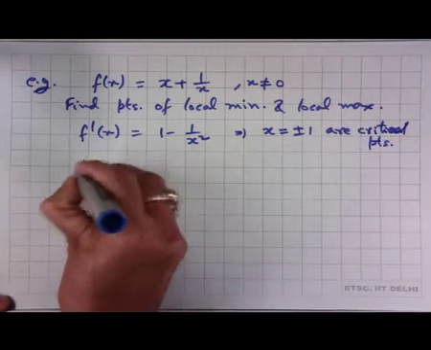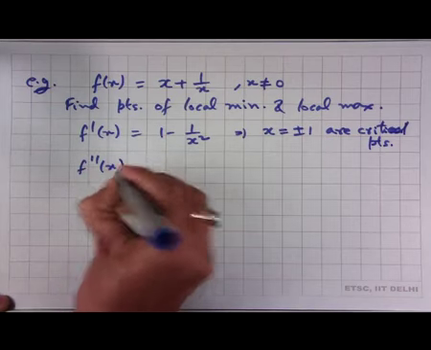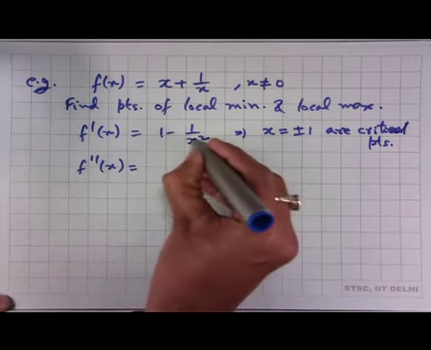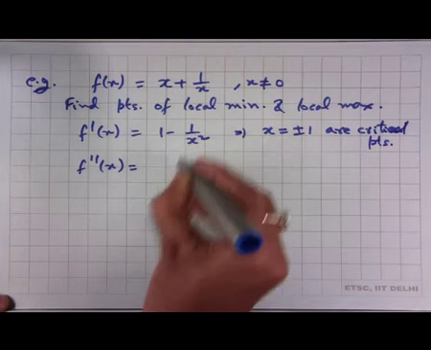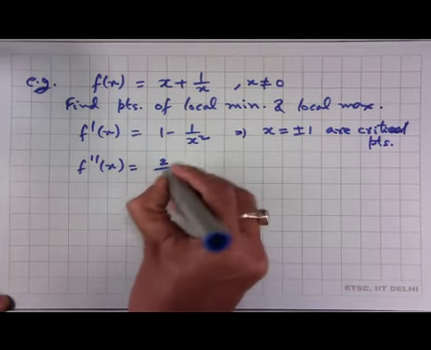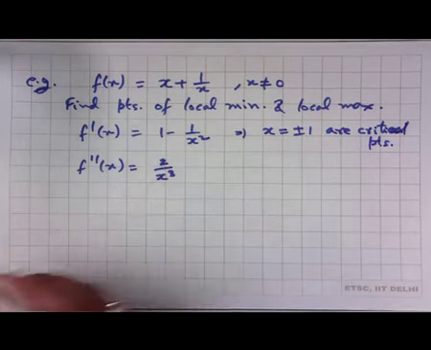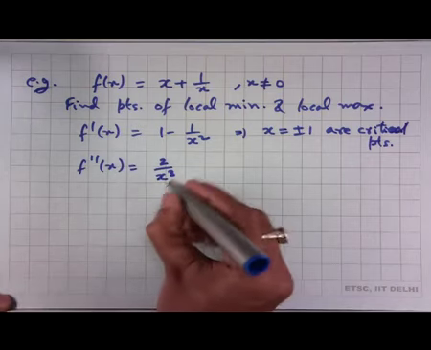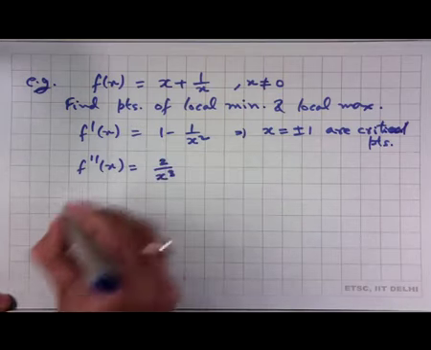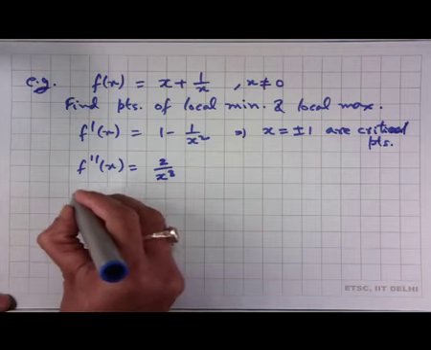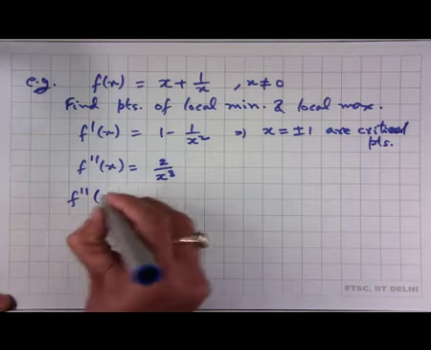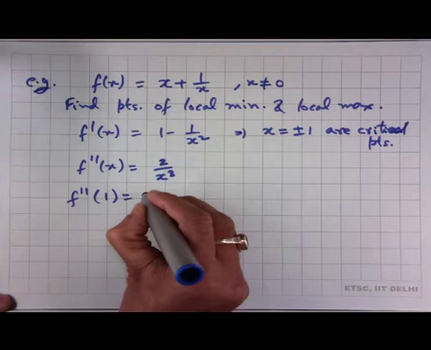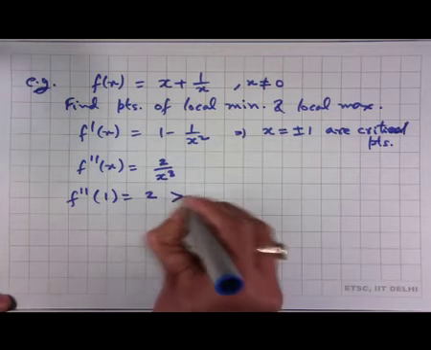Now, if we calculate the second derivative f double prime x, this is minus x to the minus 2. So, this will be 2 by x cube, and then we see that f double prime, if I evaluate at 1, this is equal to 2, which is positive.